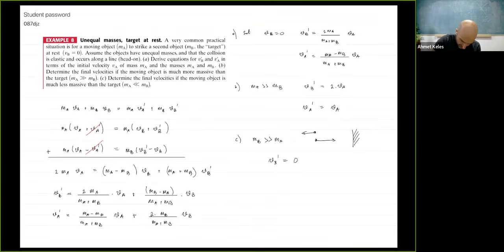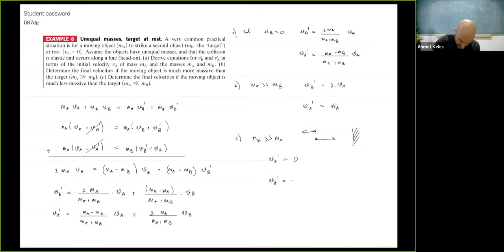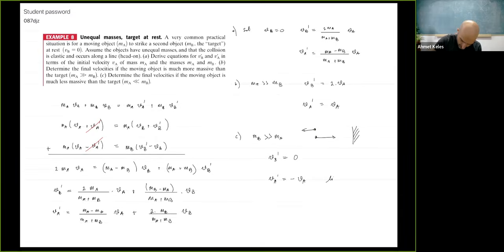So VB prime is 0. And VA prime, MB is much larger, cancel that, but there's an overall minus, so VA prime is equal to minus VA. So this is exactly the situation. You come with positive velocity, you go with negative velocity, exactly as if you collided with a wall. Any questions?